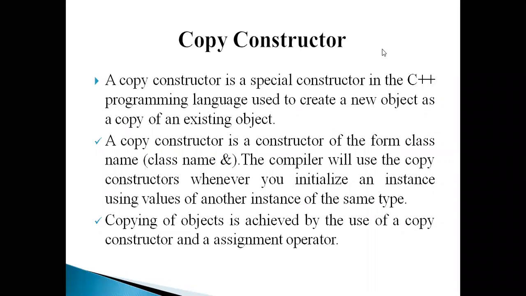Copy constructor. Now here I am going to copy the values of one object to another object. When we copy the values of one object to another object, that is nothing but a copy constructor. Here I am copying the values of an existing object to a new object. When I do this, we can call it a copy constructor.